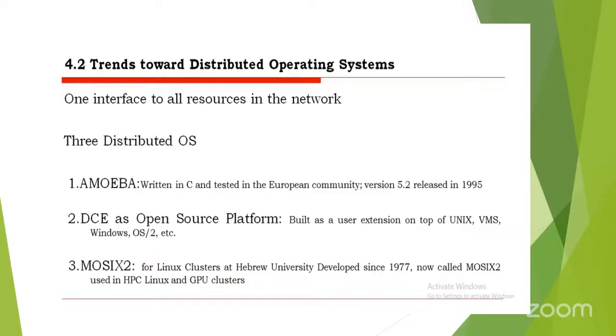MOSIX2 is also one type of distributed operating system, for Linux environments. It is for Linux clusters, developed at a university, now called MOSIX2, and used in high performance computing, Linux and GPU clusters. Why do these GPU and high performance computing systems use this one?